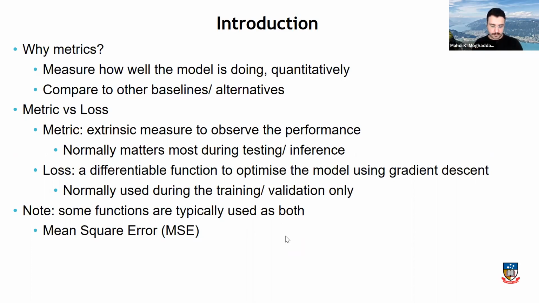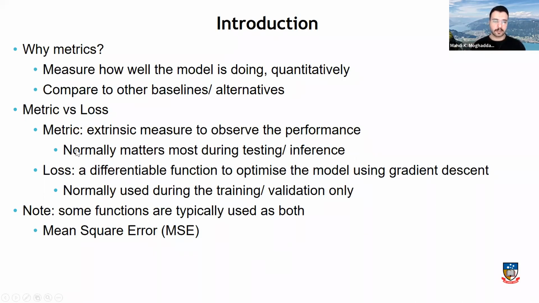So that loss function needs to be differentiable, and it is normally used during the training, sometimes during the validation, to also check the performance of your model, for example, to check if it is overfitting or not. But it's mainly used during the training to update the parameters of your model. It's used for learning.